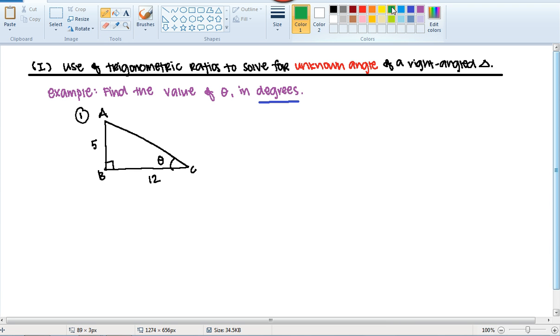Now let me write down the four steps by the side. You need not write this down when you're attempting the question, but in the early stage, you can try to put it down so that with more practice, you'll be able to remember the four steps at your fingertips.